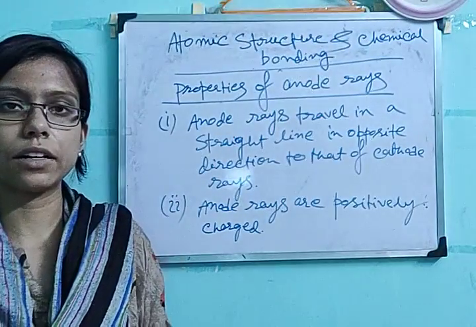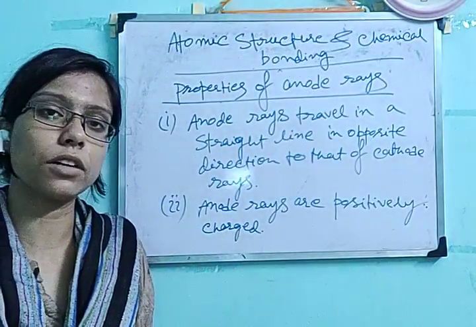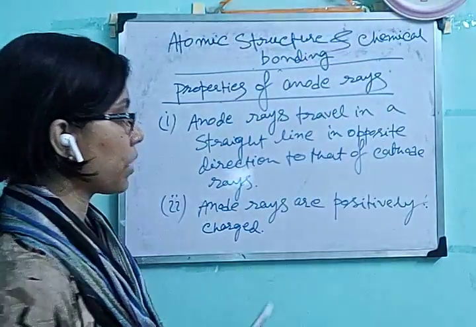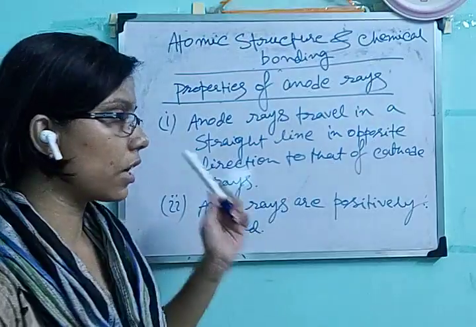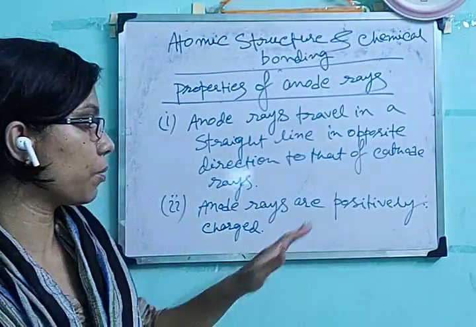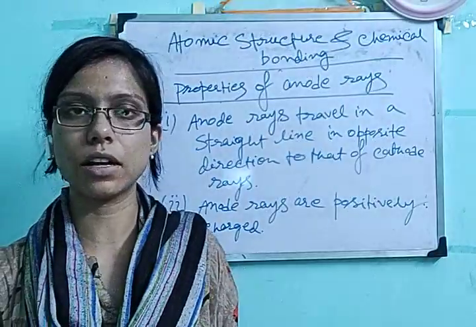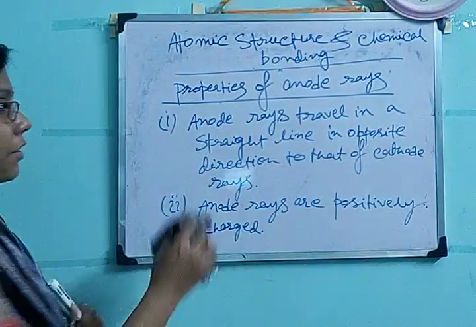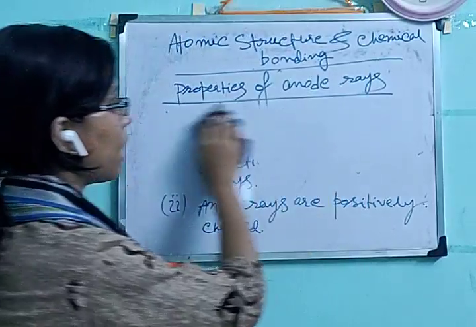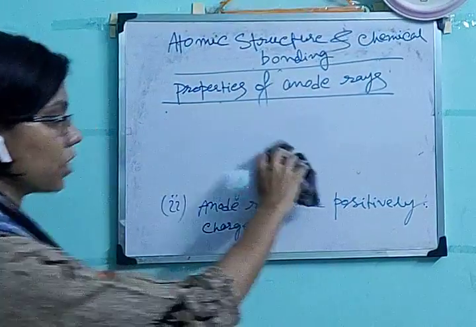That is, cathode rays are negative and they deflect towards the positive electrode. That means whenever we apply an electrical field, anode rays will deflect towards the negative electrode. Anode rays are positively charged, so they deflect towards the negative electrode. So the third point is the proof that the anode rays are positively charged.